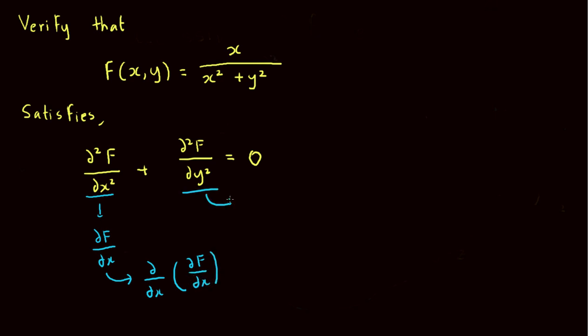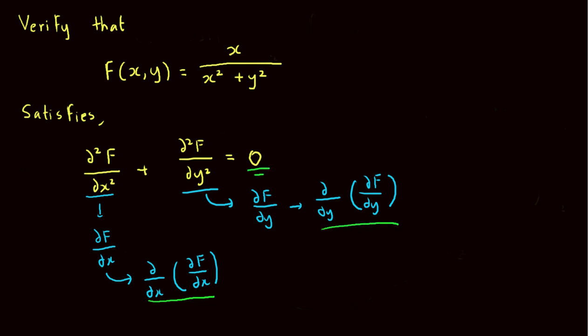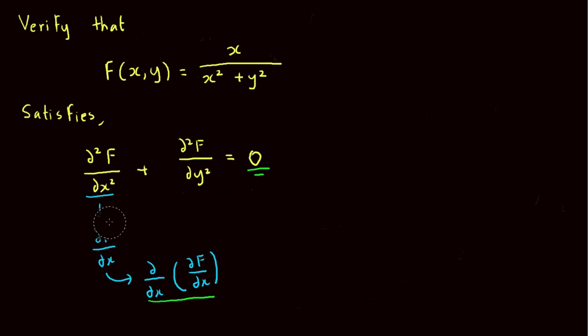Likewise, the same also for this: find del f over del y, then you find del square f over del y square. Once you do these two, you can make sure that they sum to 0. Let's just try to find the partial derivatives of these two.